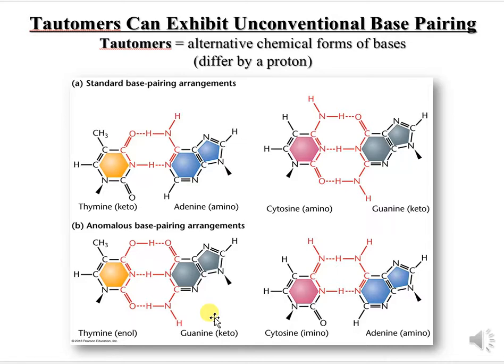That's where you're getting these movements in your hydrogens, or protons, sorry. Some are moving to a different location or coming from a different location. And that's how the tautomeric forms lose the ability to make the correct base pairings.